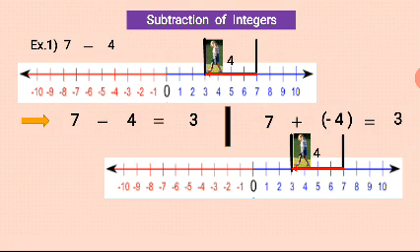In these two examples, the operations are different but their answers are equal. 7 minus 4 and 7 plus negative 4 are both equal to 3, which means these two operations are equal.